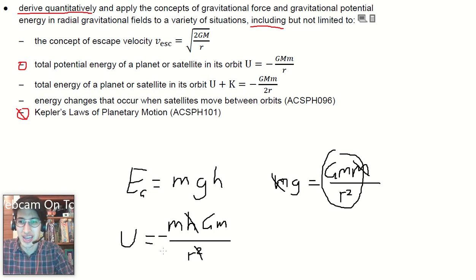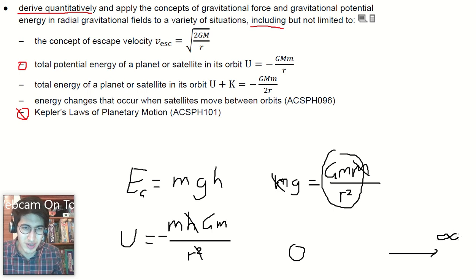Because they're not consistent, we don't use that at all. Instead, we say that as you lift something up away from the Earth, if you put it infinitely far away from Earth, then it has zero gravitational potential energy. As it gets closer, that energy gets less. What is less than zero? A negative number. So you have the Earth, you have a position at infinity. That is where energy equals zero.